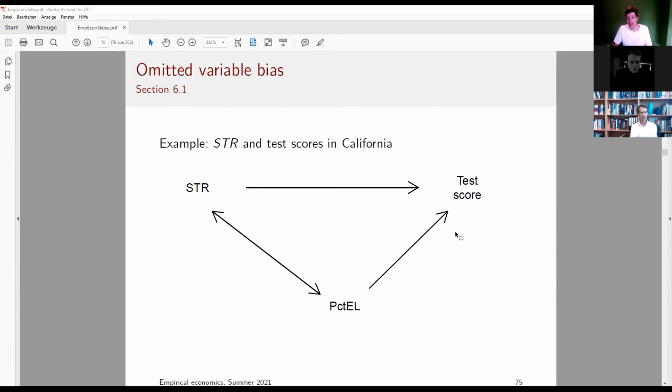Which brings us to our example here. We have our student-teacher ratio and test scores. Obviously, student-teacher, or not obviously, but we suspect that student-teacher ratio has an effect on test score.